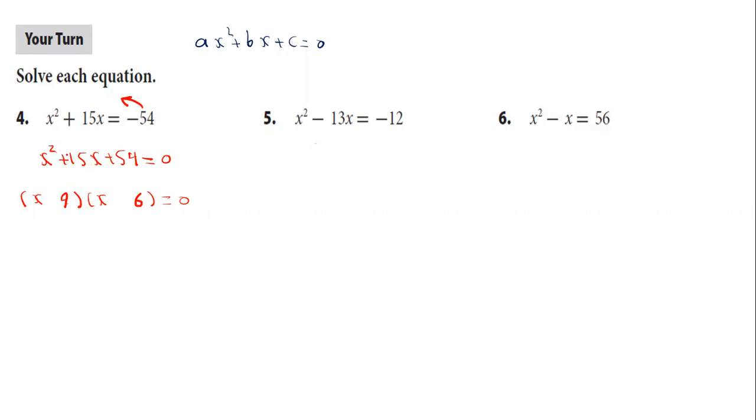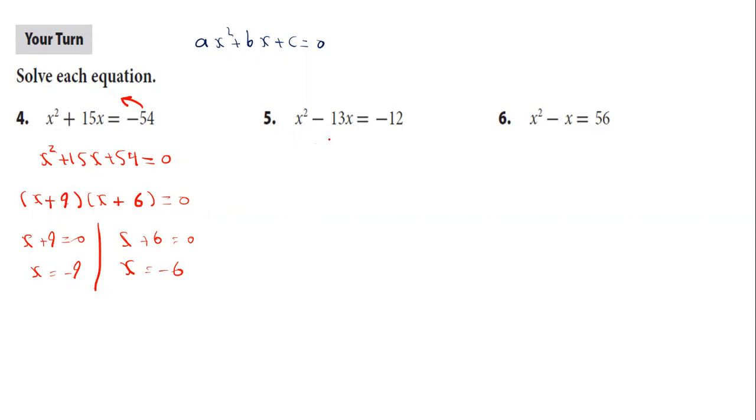So what is the sign of the midterm? Plus. Split using the zero product property: x plus 9 equals 0, so x equals -9, the first solution. X plus 6 equals 0, so x equals -6. We now have two solutions.